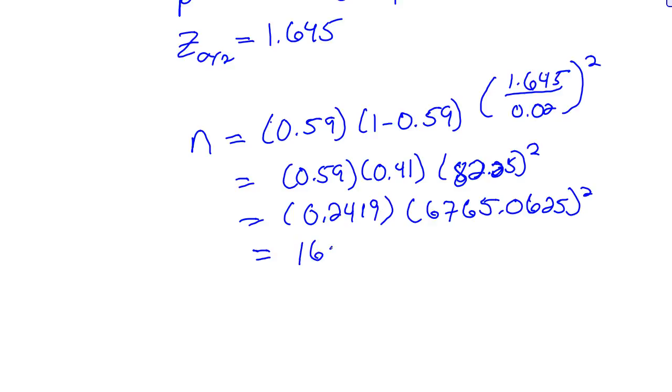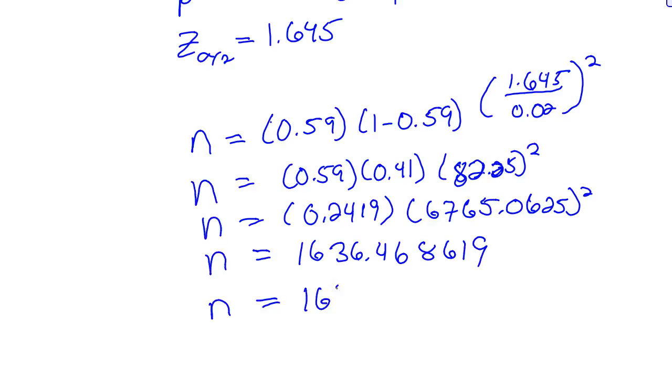And you get 1636.46819. Remember, we're talking about sample size, so we're always going to round up to the next number. And so 1,637 American women need to be sampled.